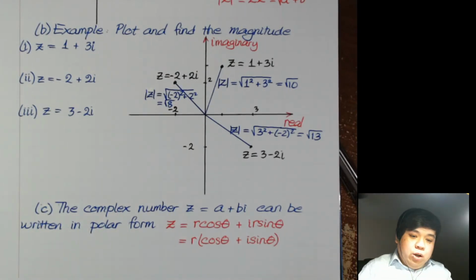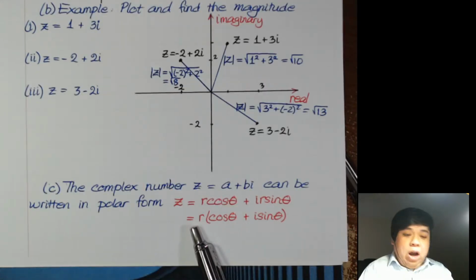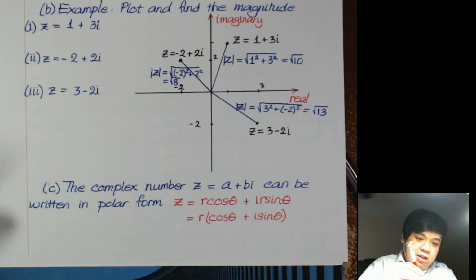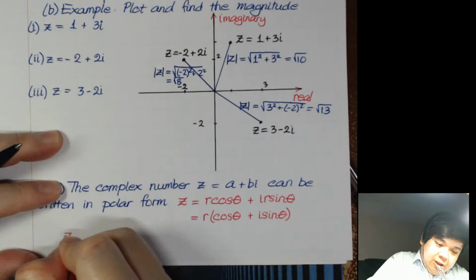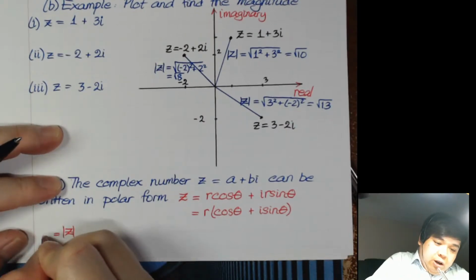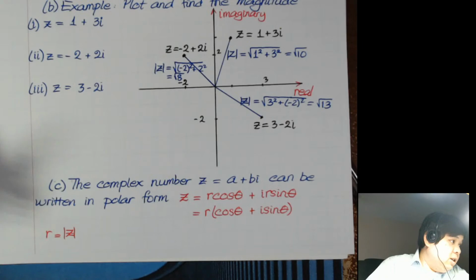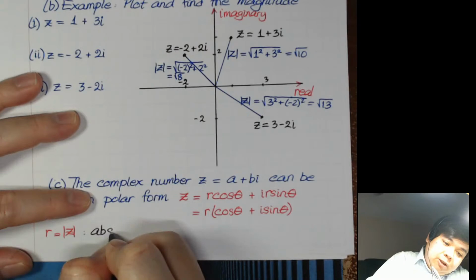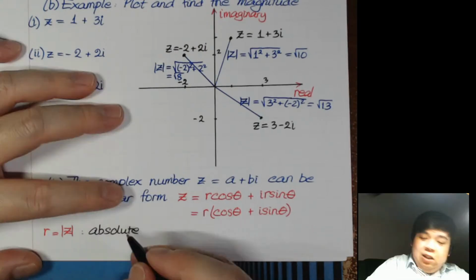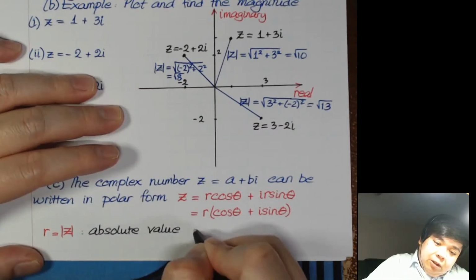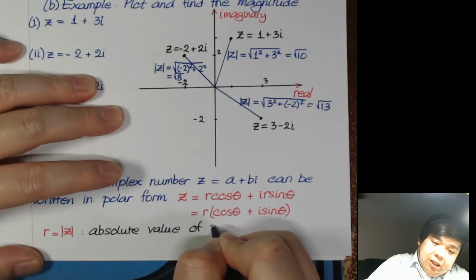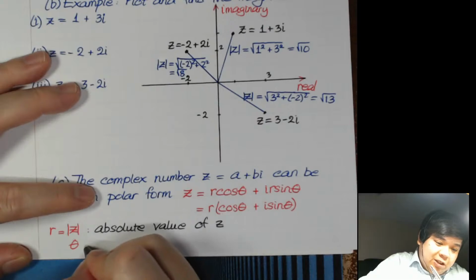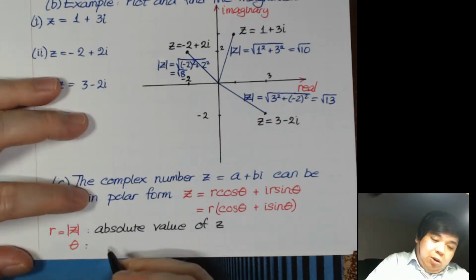And in which case we call r the modulus or the absolute value of z, and theta is called the argument of z. So the absolute value of z, or r, is called the absolute value of z, and theta is called the argument of z.